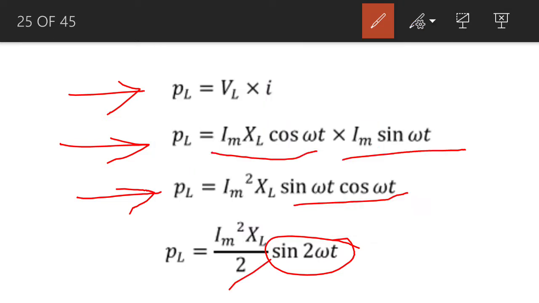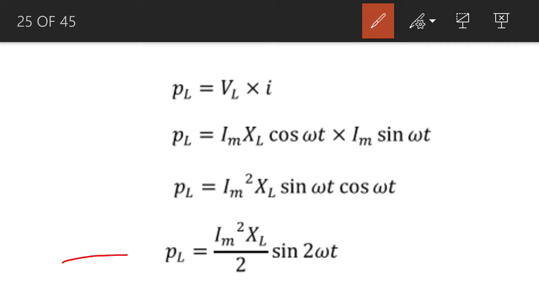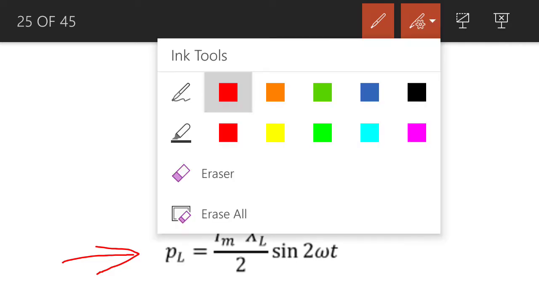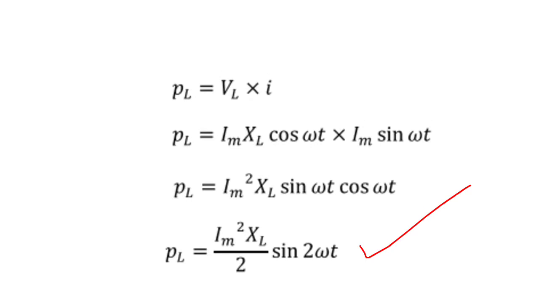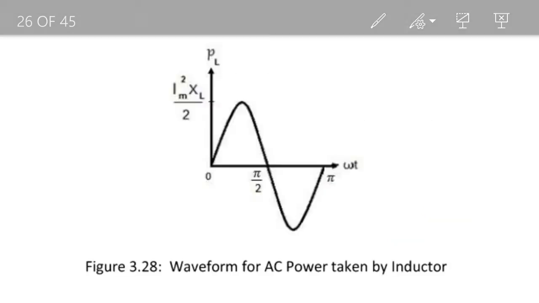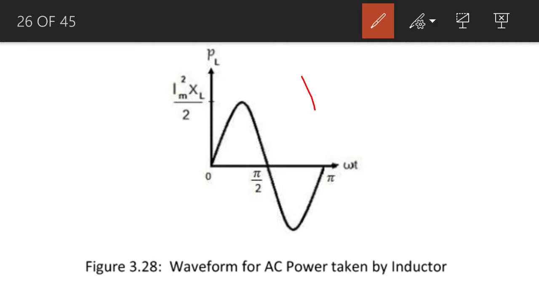So the time varying equation for the power taken by the inductor is equal to Im square XL by 2 sine of 2 omega t. And if we plot this equation with respect to omega t, we get the waveform for the AC power taken by an inductor.